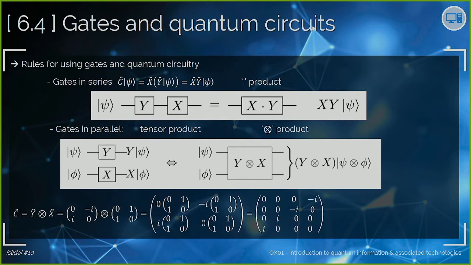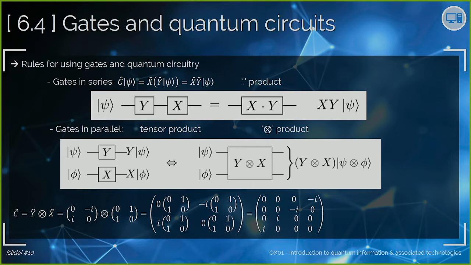So we wrote it. I want to do a gate, I call it the C gate, and the C gate is a combination of X and Y. It's particular: if I write it as XY, that means I do Y first, and then I do X second.